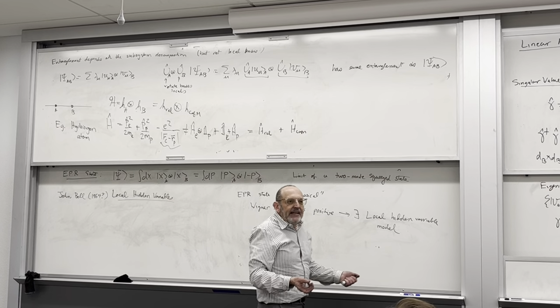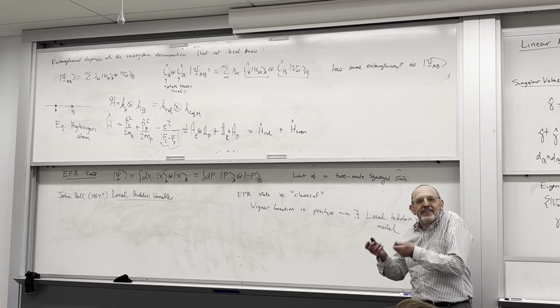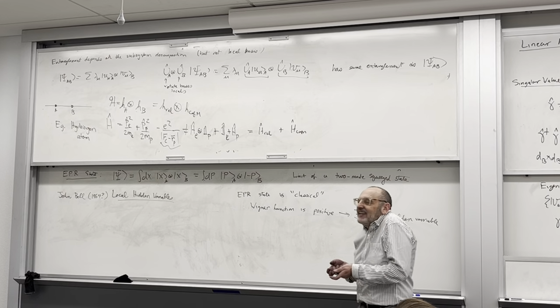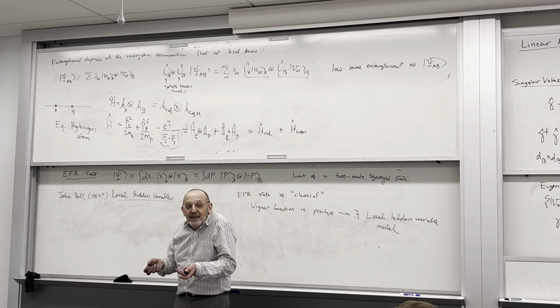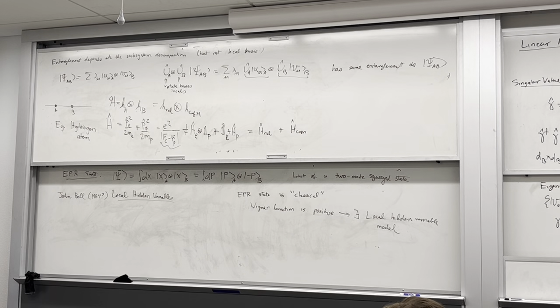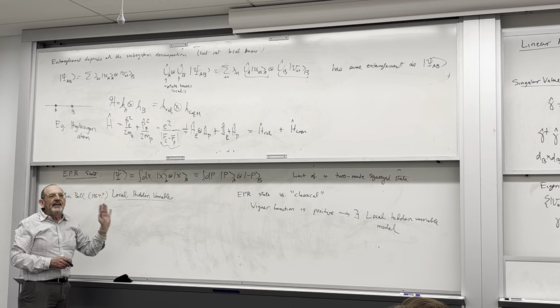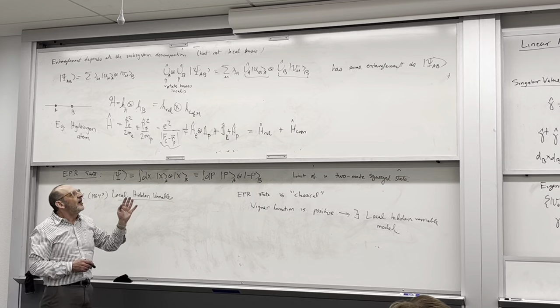If we can complete the information, then we would know the outcome, but there's something there that tells me what the outcome's going to be. I just don't know it.